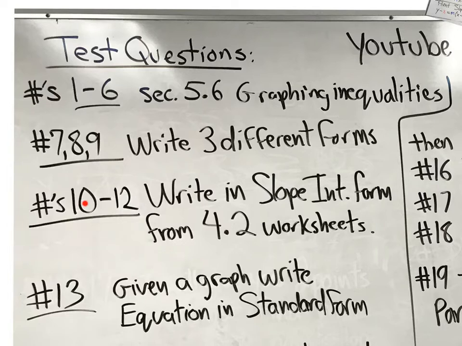Number 10 and 11 and 12, you're going to have questions that say write in slope-intercept form. And it's from worksheet 4.2. Okay? So let me just give you an example. Let's say I tell you there's a line.